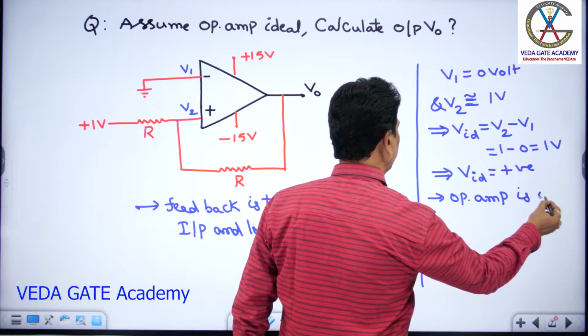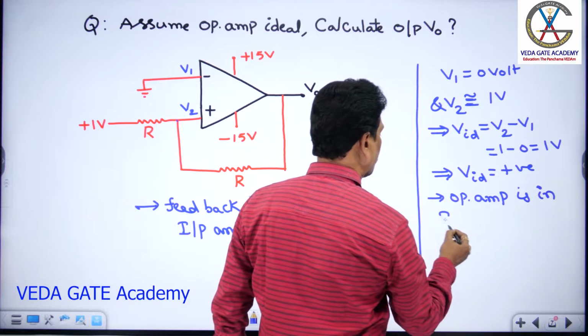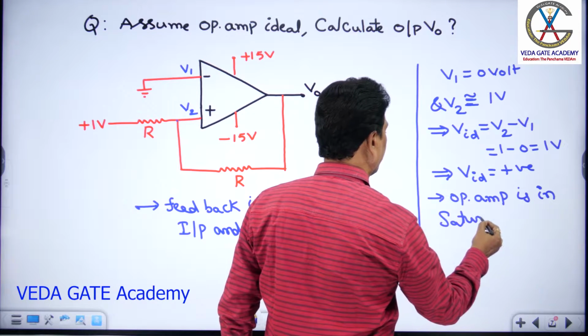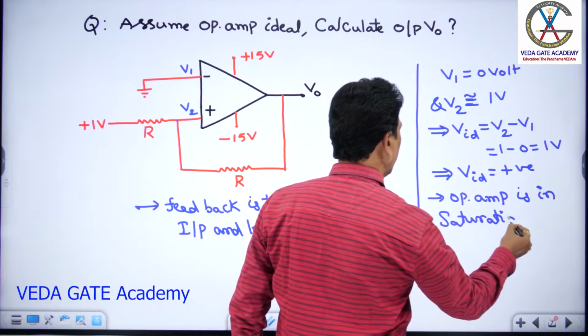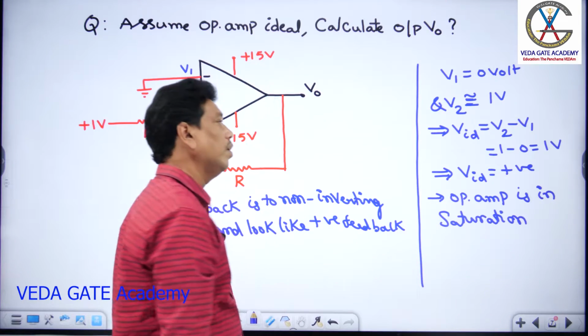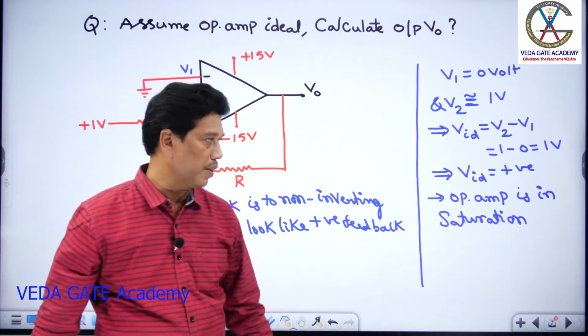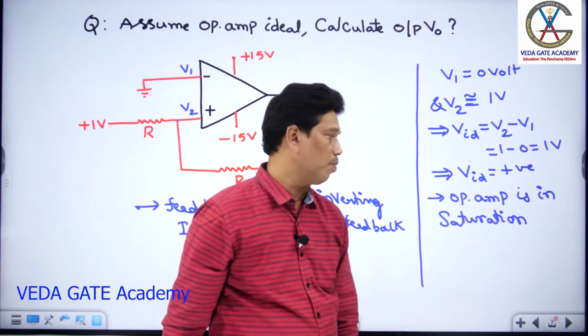As VAD is positive and greater than the plus or minus VT scale, the op-amp is purely in saturation mode.